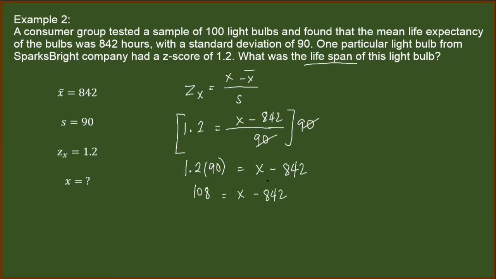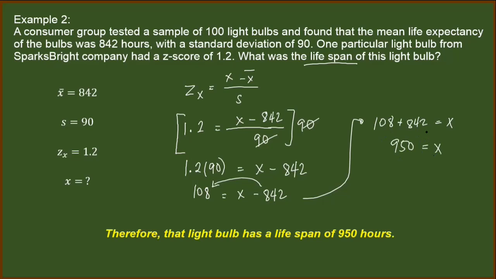And finally, we will transpose negative 842 on the other side, making it look like this. We have 108 plus 842 equals x. Adding the two numbers on the left side, we will arrive with 950. So that is the lifespan of the light bulb from Sparks Bright. Therefore, that light bulb has a lifespan of 950 hours.